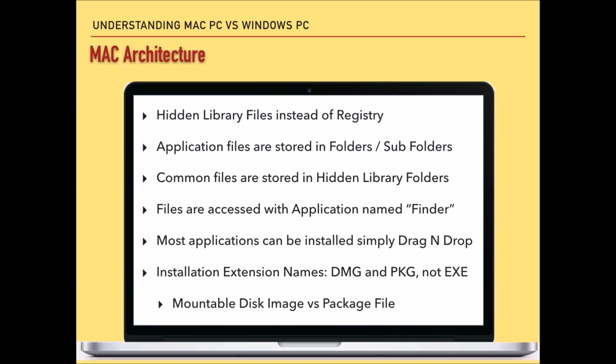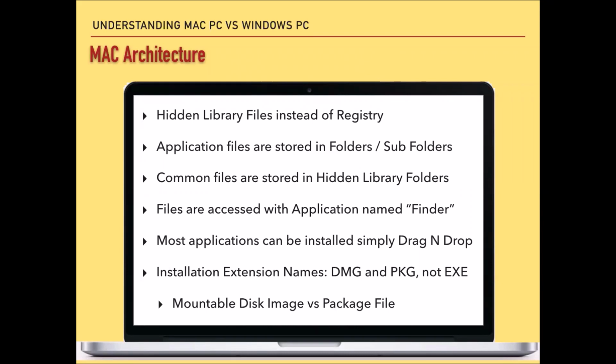And as far as the Mac architecture as compared to Windows, Mac uses something called library files. There are two types of library files: the hidden library files, and also some library files that are associated with each individual application.